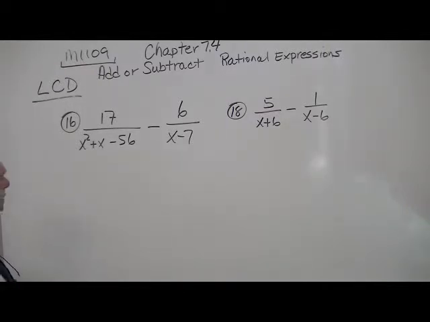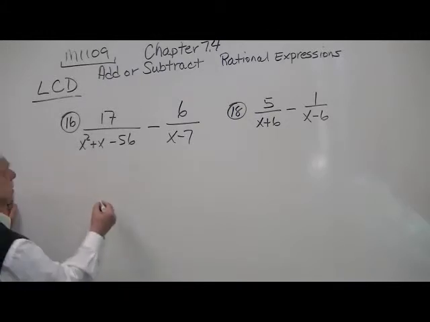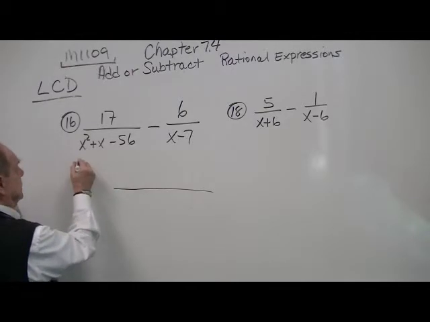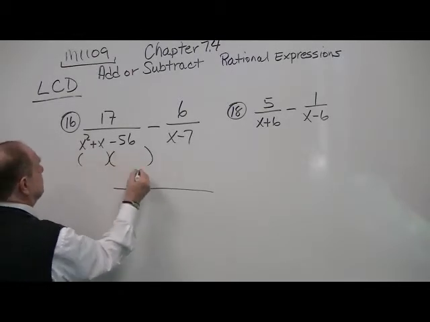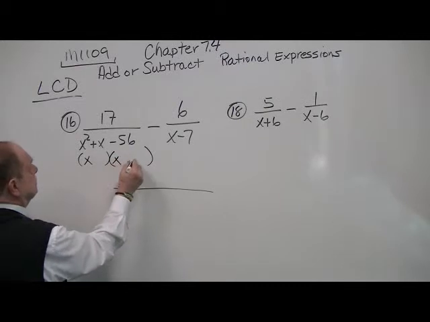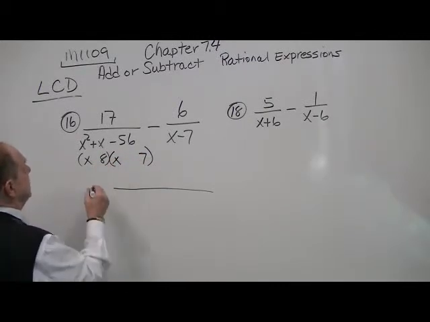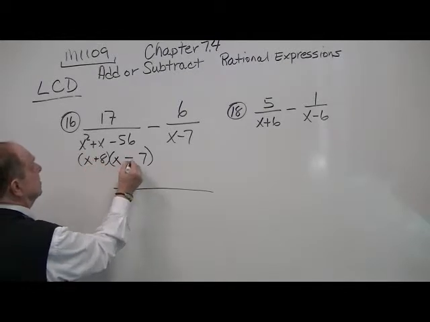So again, the strategy is, what's my common denominator here? Well, it's going to be factoring this. And we need a plus 8 and a minus 7.